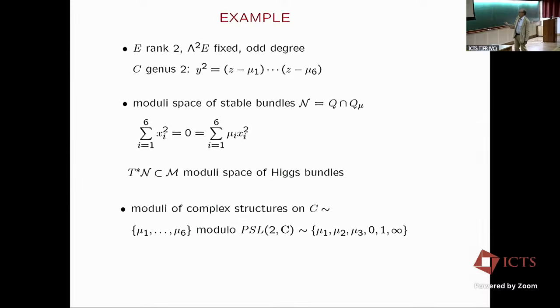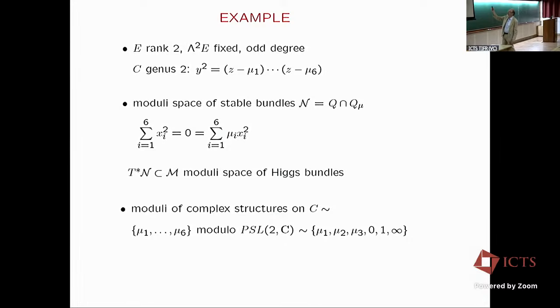Okay, so what can I give you an example of? I can't give you an example of the function f, but I can give you an example using the intersection of two quadrics. So genus 2, rank 2, odd degree. The moduli space is the intersection of two quadrics, and what is the Teichmüller space? Well, I'm not writing it as Teichmüller space, I'm writing it as a space which parameterizes all the complex structures.